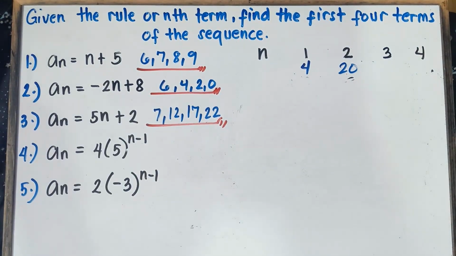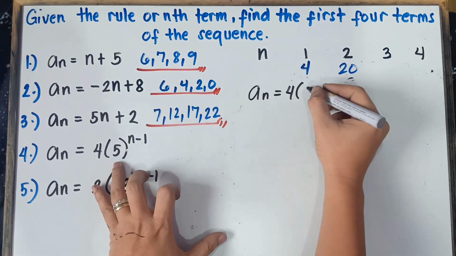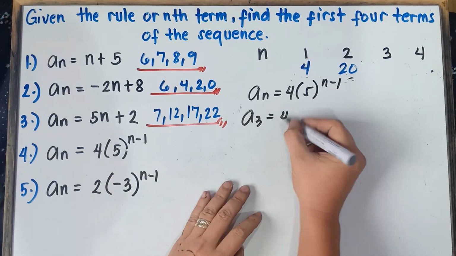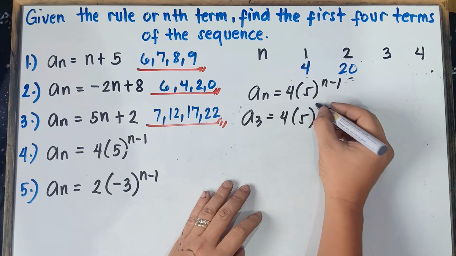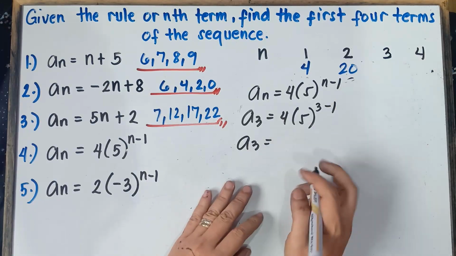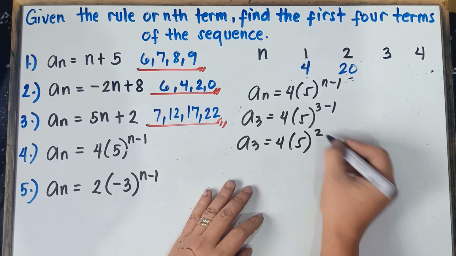Alright, so third term, a sub n equals, copy this one, 4 times 5 raised to n minus 1. So a sub 3, the third term, 4 times 5, n is 3, so 3 minus 1. So a sub 3 equals 4 times 5 raised to the power of 3 minus 1, that would be 2.